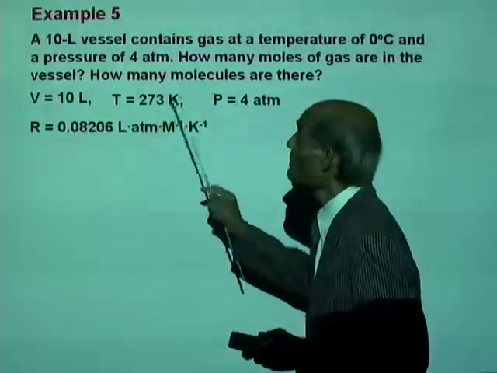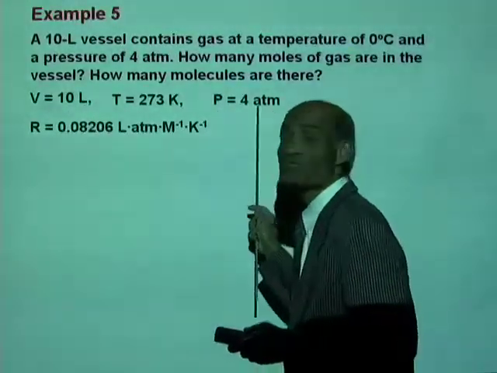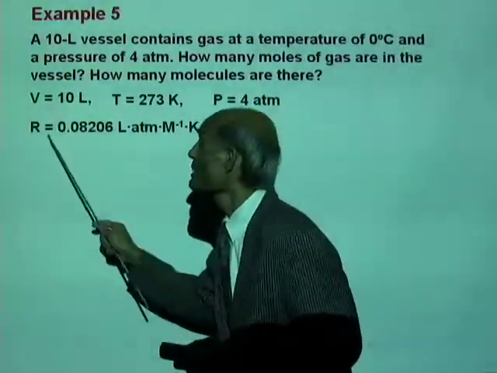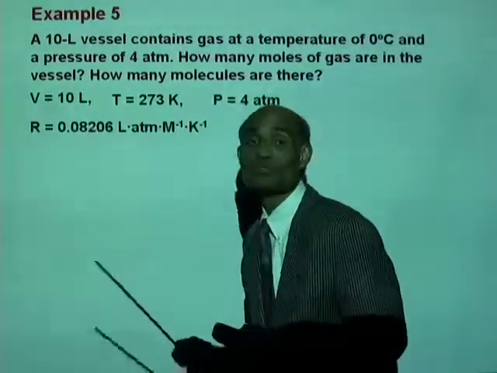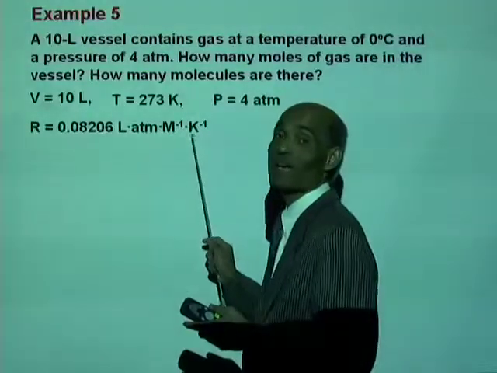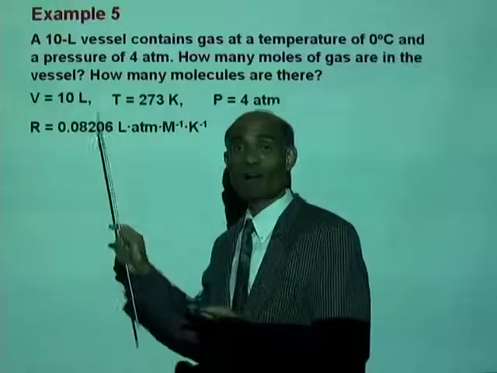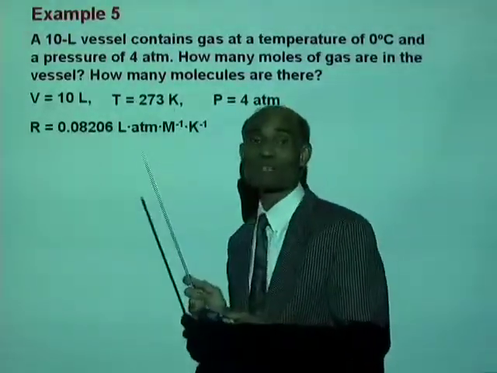Now remember, we got the volume in liters and pressure in atmospheres, therefore the value of R will be 0.08206 liter atmosphere per mole per Kelvin. Always remember to use the right value of R depending on the units of volume and pressure.